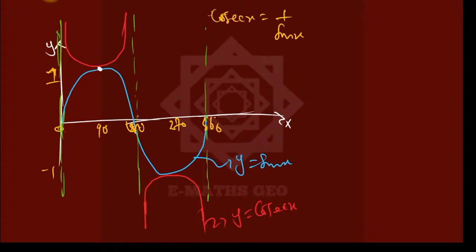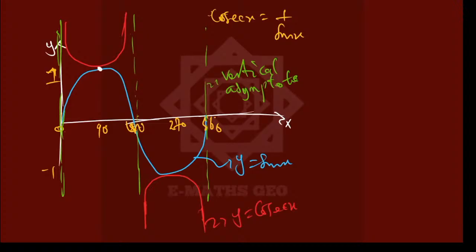So that's how we sketch the graph of cosec. Once you've drawn the graph of sine, you get your vertical asymptotes. Remember, the green line is the vertical where it's not defined. That's where division by 0 occurs. Asymptotes. Then by flipping the other one, this one is concave down, make it concave up. The same thing the other way around. So that's the graph of cosec.